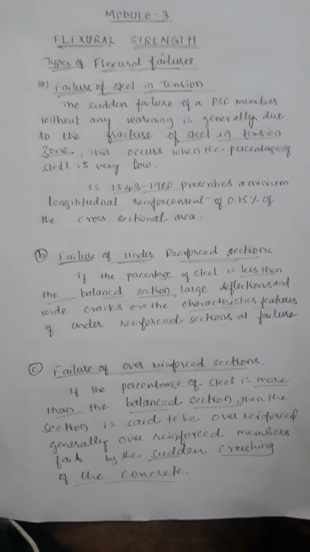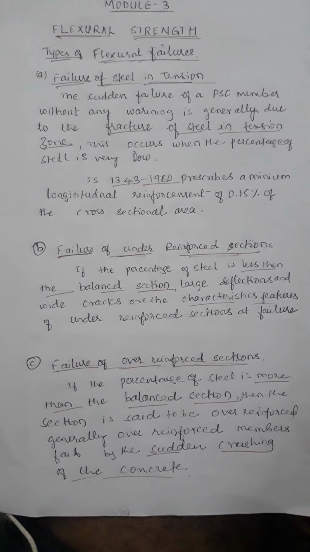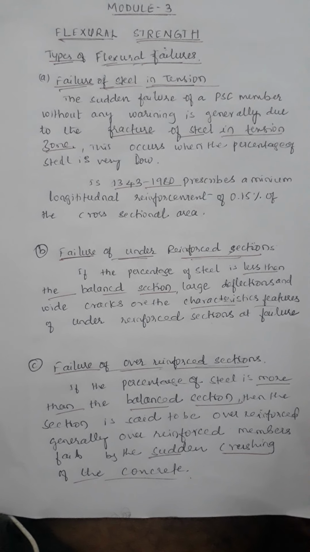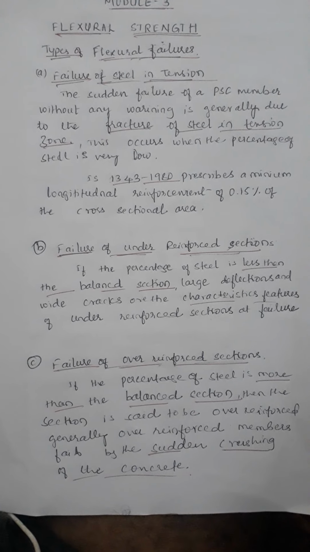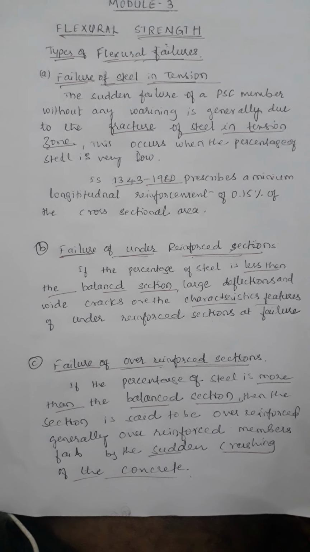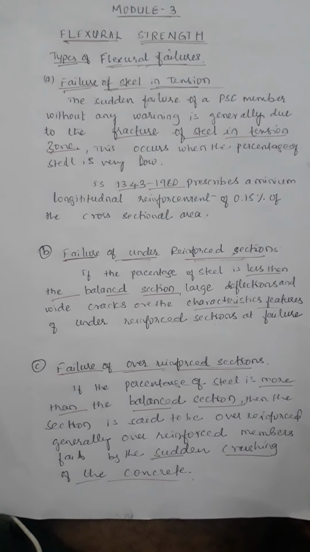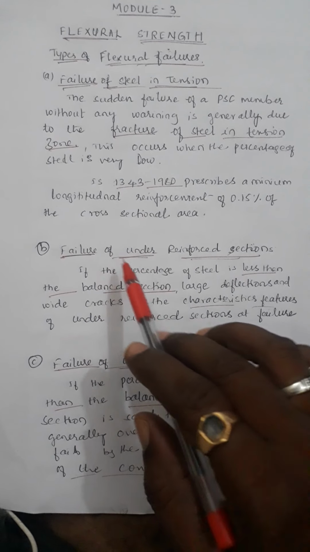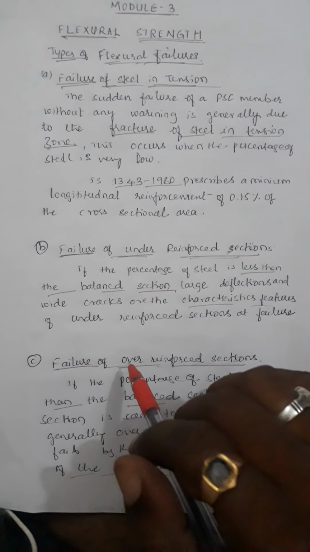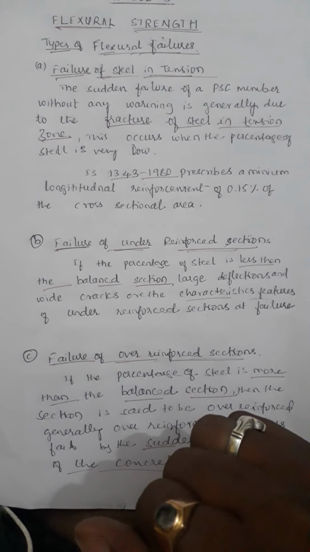Before that, we will look at the types of flexure failures. Mainly in pre-stressed concrete members, three types of failures of flexure members are given: first, failure of steel in tension; then failure of under reinforced section; and failure of over reinforced section.